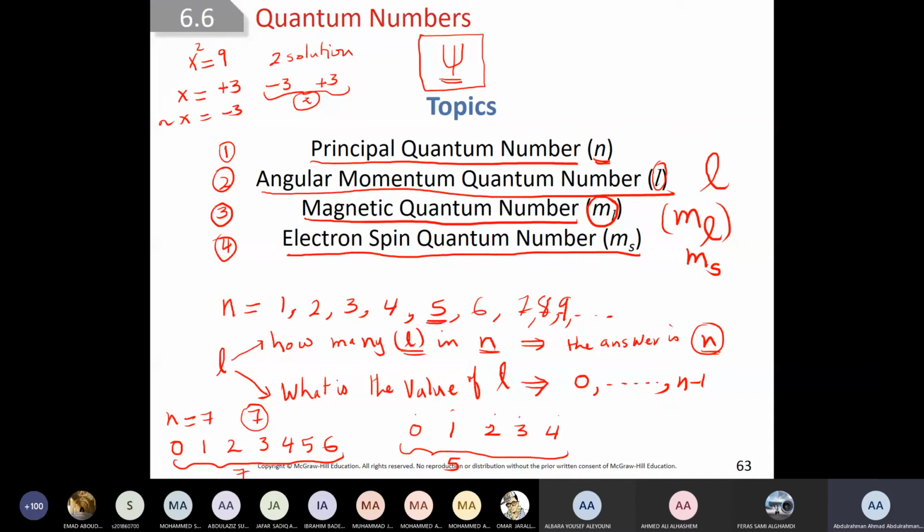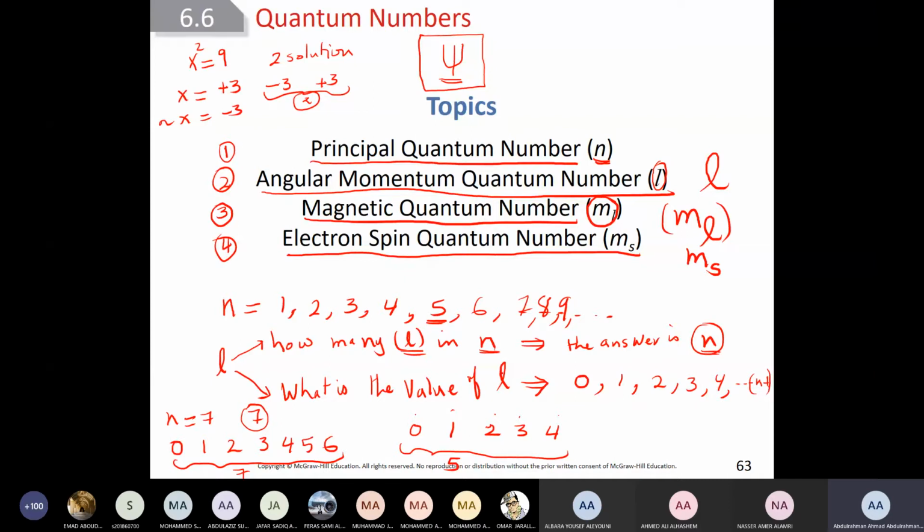Is this clear? Good. I hope so. Now, we have also another name for the L. So L always takes the values from what? 0, 1, 2, 3, 4, and to n minus 1. Right? Clear? Yes. We have another name for these values.